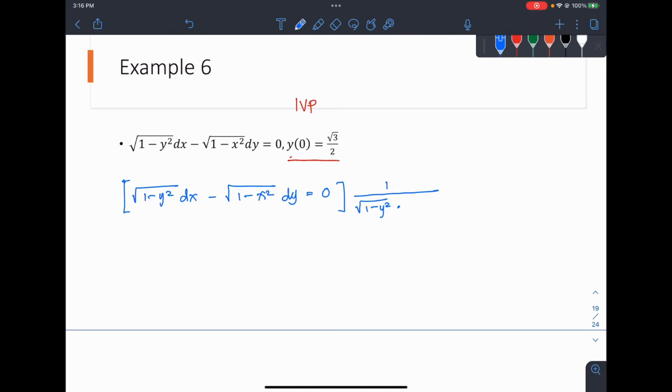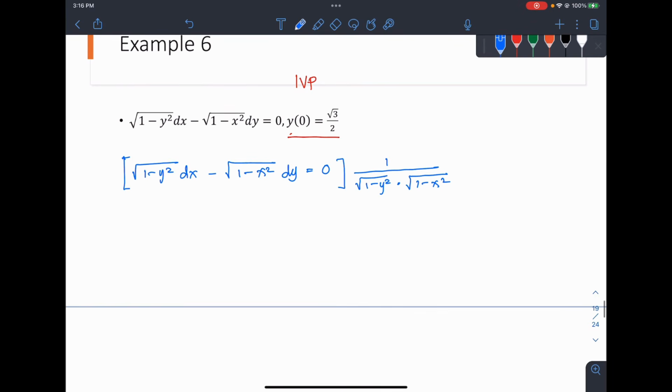And similarly for dy, we are in excess of the square root of 1 minus x squared. And making it to be dx over the square root of 1 minus x squared, then minus dy over the square root of 1 minus y squared is equal to 0.